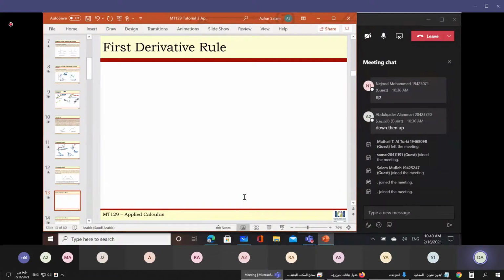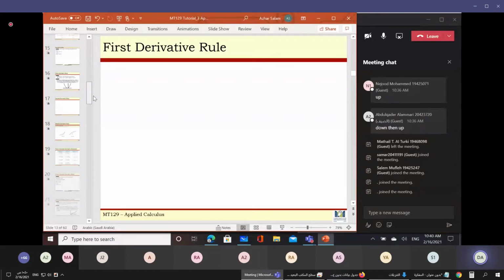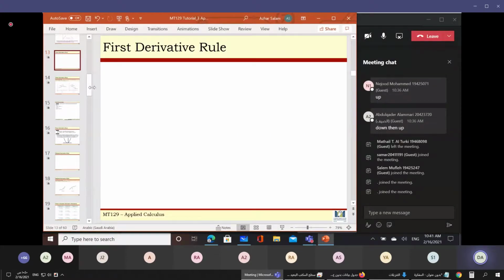For the first derivative rule, as we said, how to find whether the function is increasing or decreasing. رح نرجع الحين للمصطلح التزايدية والتناقصية.